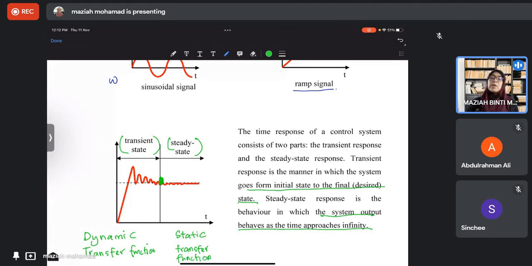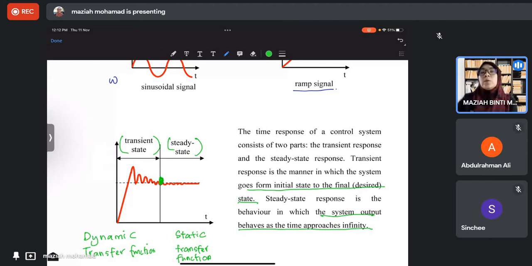So two types of transfer function: the dynamic transfer function explains the behavior in the transient state, but after it reaches steady state, there is another transfer function that explains the behavior at the steady state. This is what we call the static transfer function.